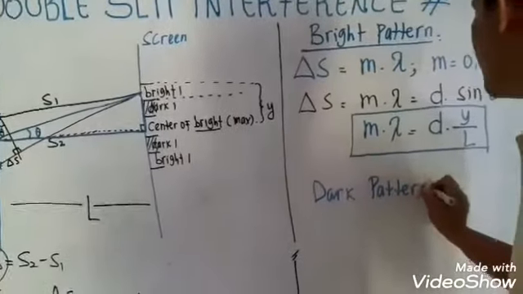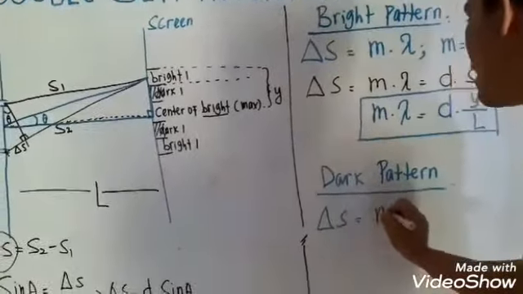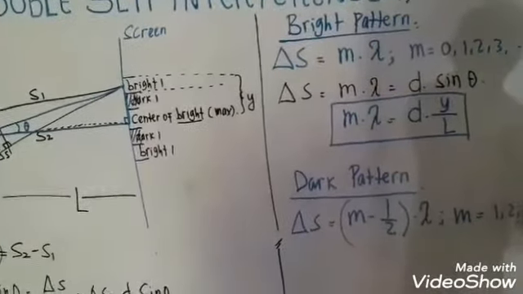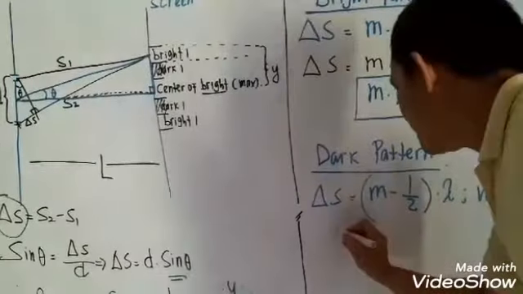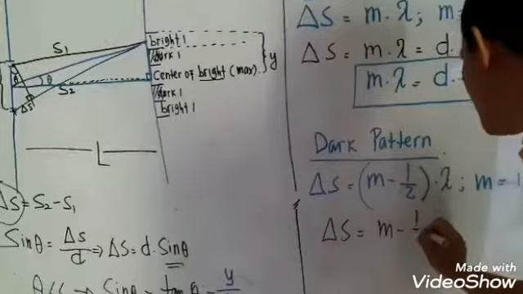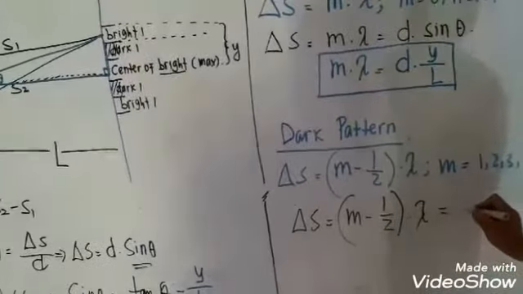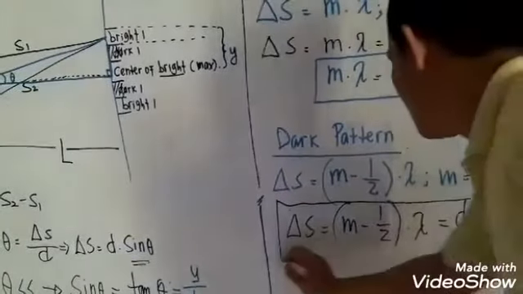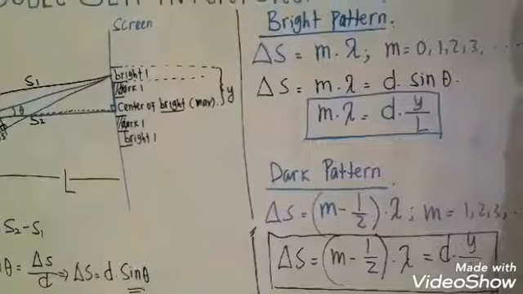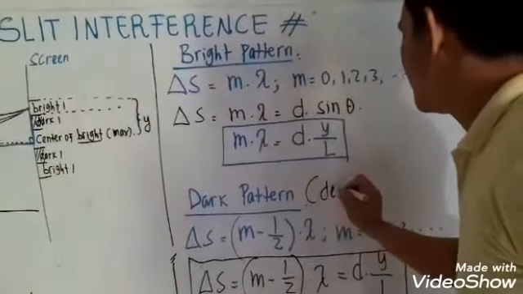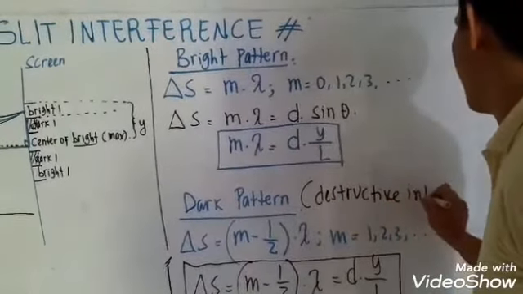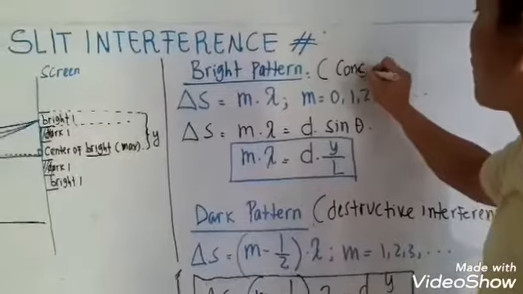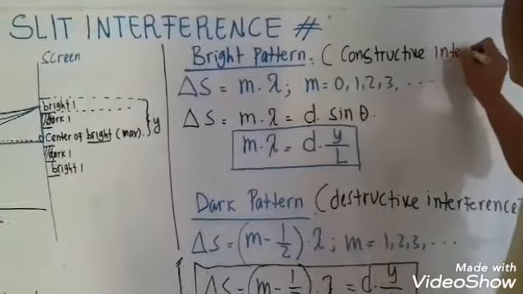For the dark pattern, you can see that delta S is equal to m minus a half times lambda, while m starts from 1, 2, 3, etc. Okay, so we can see here that the formula is delta S equal to m minus a half times lambda, which is also equal to d times y over L. So these are the equations for the dark pattern, or we can say destructive interference, and this one is constructive interference.